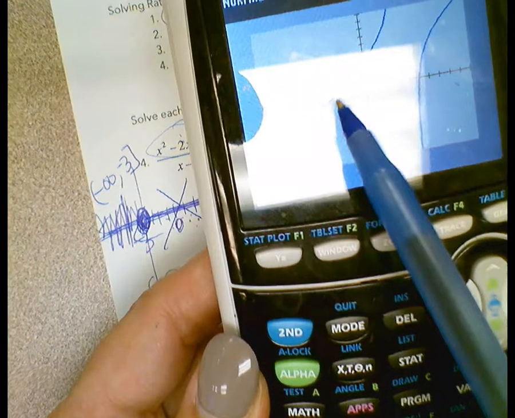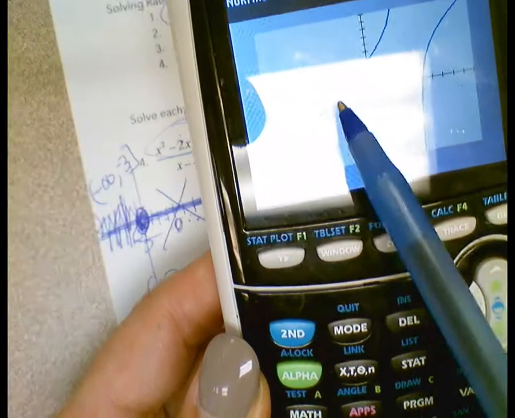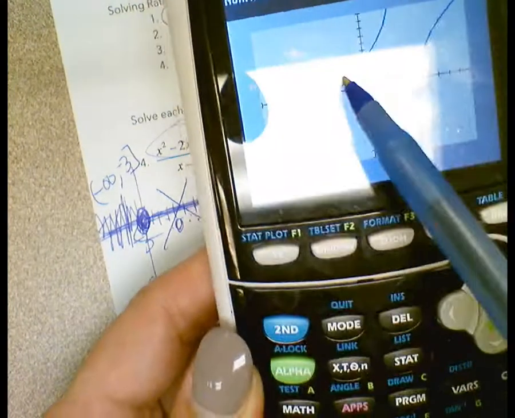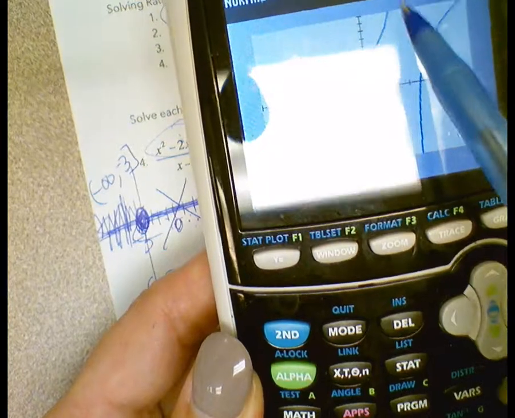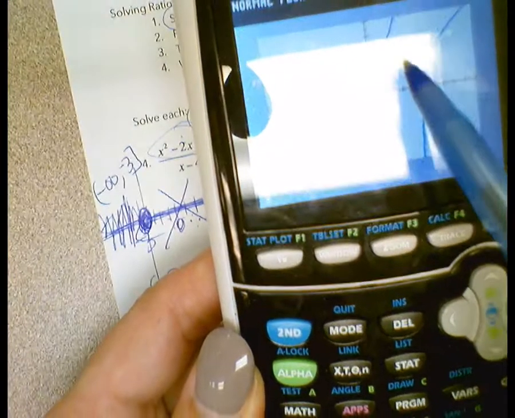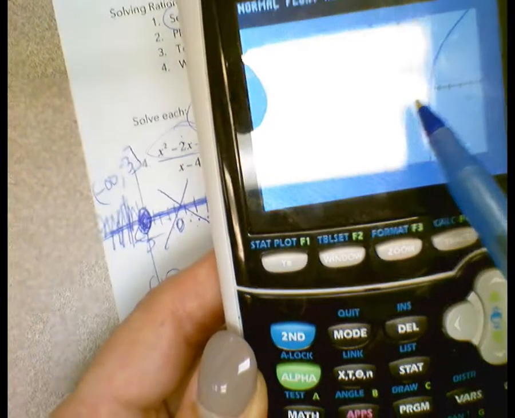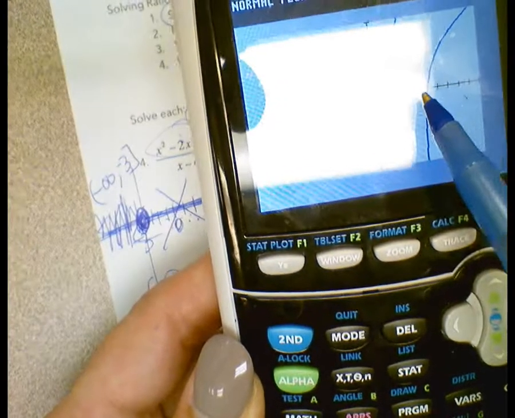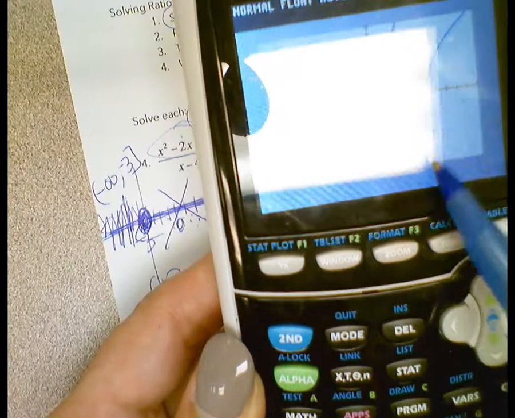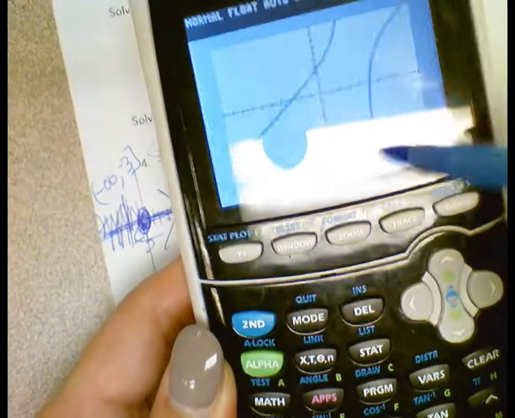It's negative 3, right? It's below 0 from negative infinity to negative 3. And then it's above 0. Then there's an asymptote. So from asymptote 4 to the next 0, 5, it's below 0 again. So it's below 0 from 4 to 5 right here.